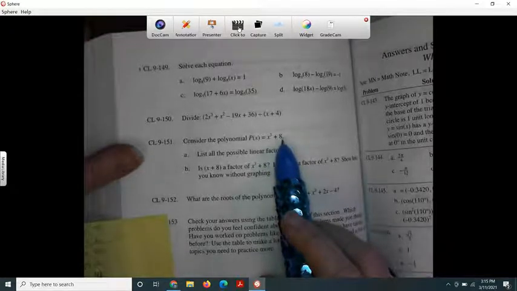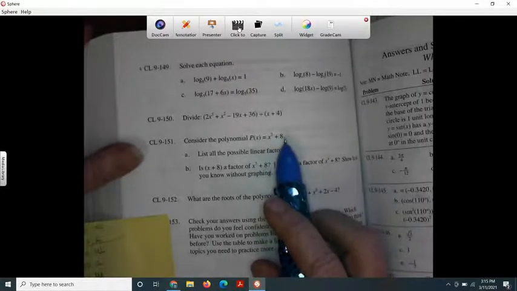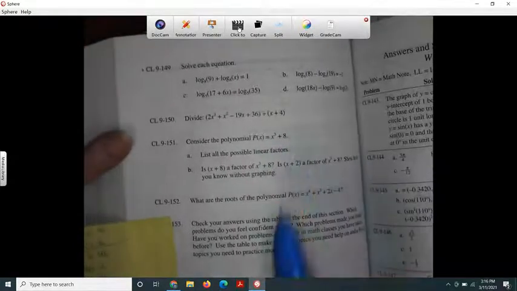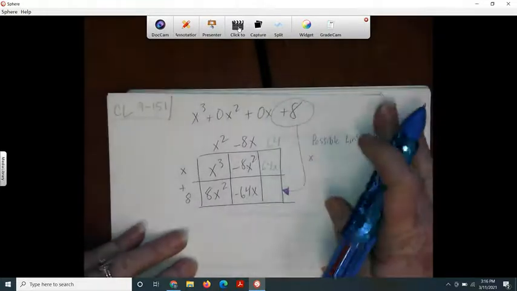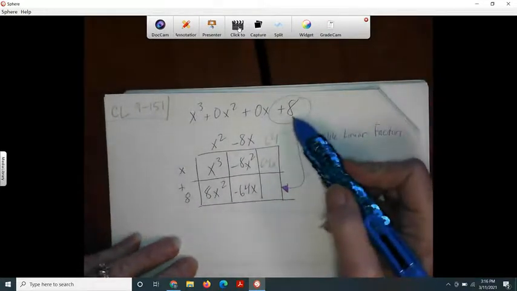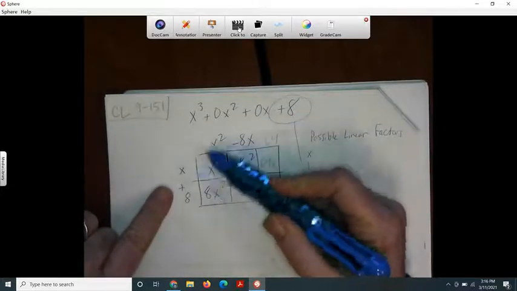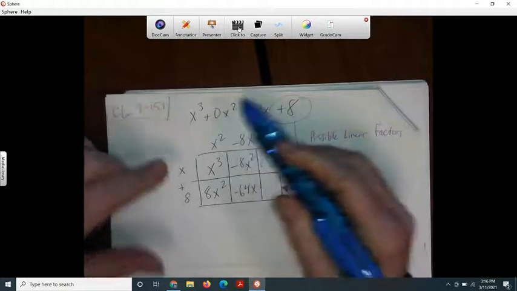I'm going to list them all out for you and tell you why you do it that way. The reason that the linear factors have to be factors of 8 is because when you do your polynomial division, it was just x cubed plus 8, so I had to put in some zeros for the x squared and the x.